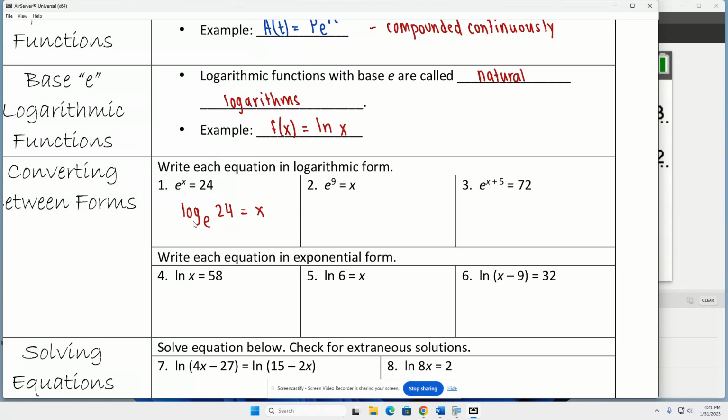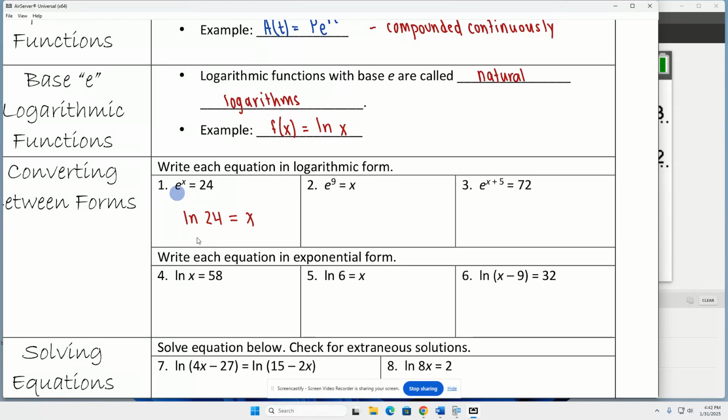And if you wanted, you could go to alpha window number 5, insert base E, put 24, and push equals. And I promise you, it would be the exact same value as me understanding that because this is base E, I'm actually going to write natural log, understood base E, of 24 equals x.